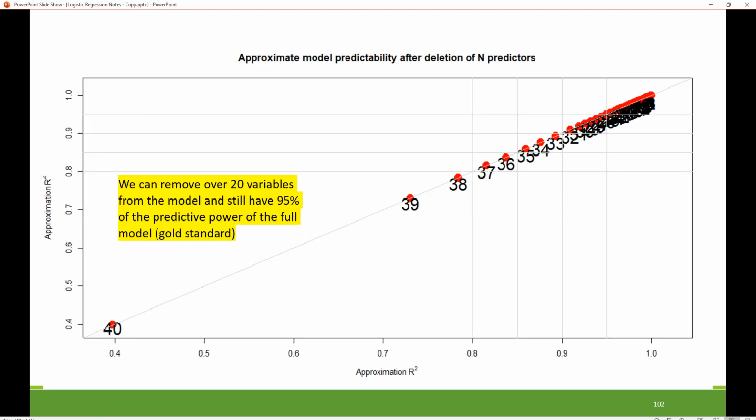And so I did look at a model approximation, even though we do have a really big sample, a large data set with over 100,000 rows of data. So we should have, just on that rule of maybe the number of patients with 30-day readmissions divided by 15, that gives you an idea of how many predictors you have.